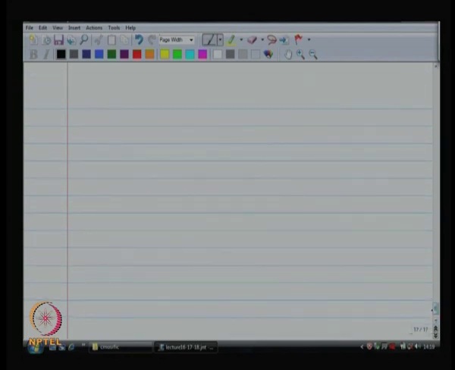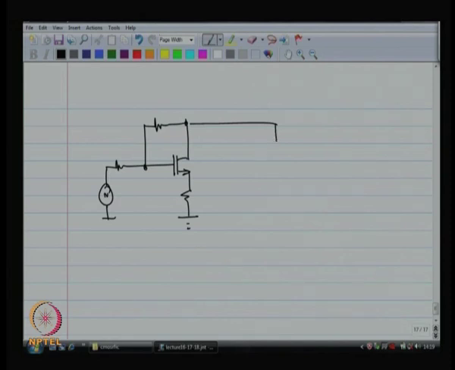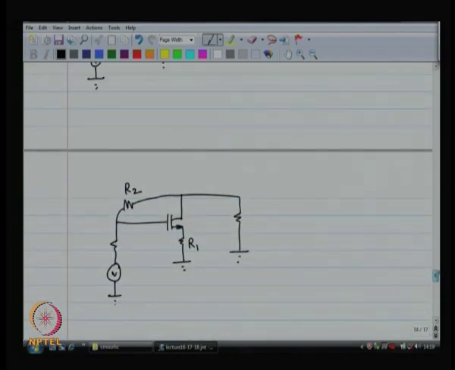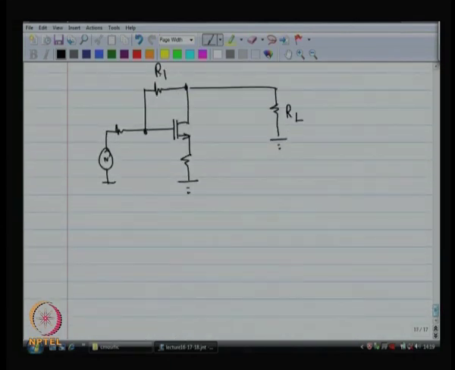Now, the shunt series amplifier is basically you have got source degeneration as well as something across the gate and drain. In the past I called that R2 and the bottom one R1.